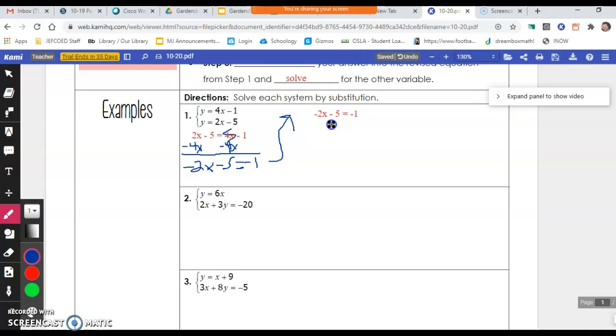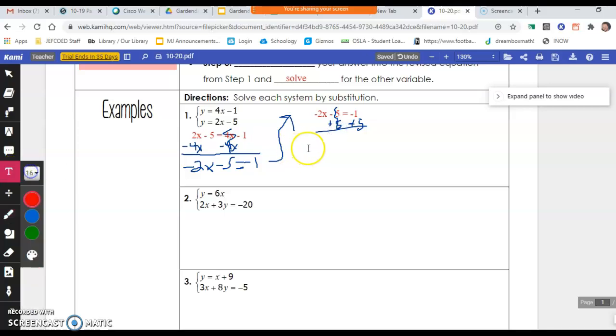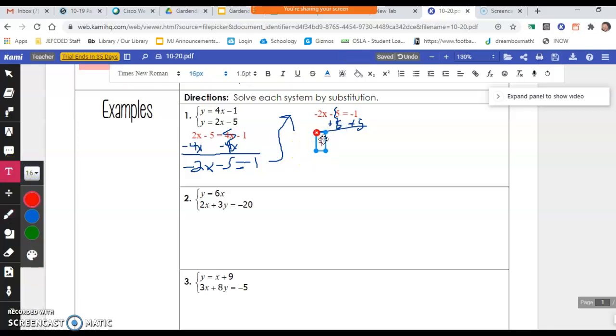So we're going to remove the constant, do the inverse, which is going to be plus 5, plus 5. Those are going to cancel, and we are still left with negative 2x equals a positive 4.